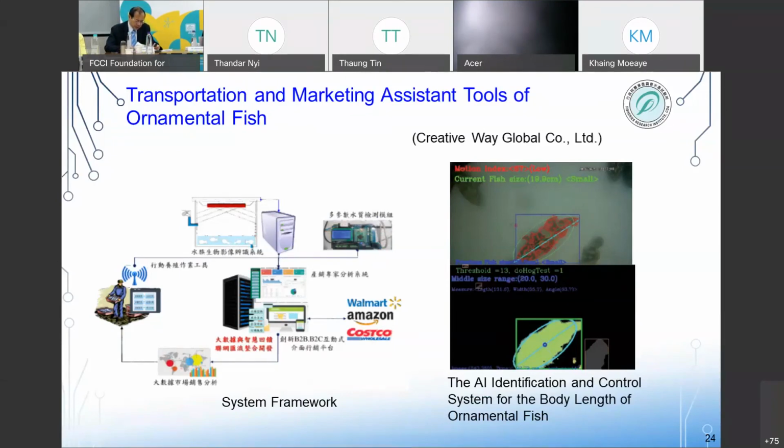The assistant tools integrate an innovative B2B and B2C interactive intelligent marketing management platform, so as to provide customers with transparent real-time inventory and order delivery service, and build a database of market and sales. It is very helpful to plan production for ornamental fish farms in Taiwan.